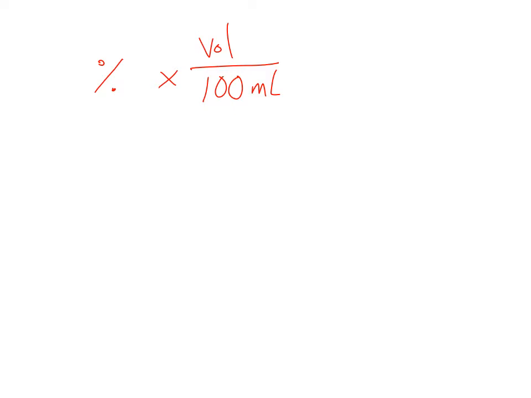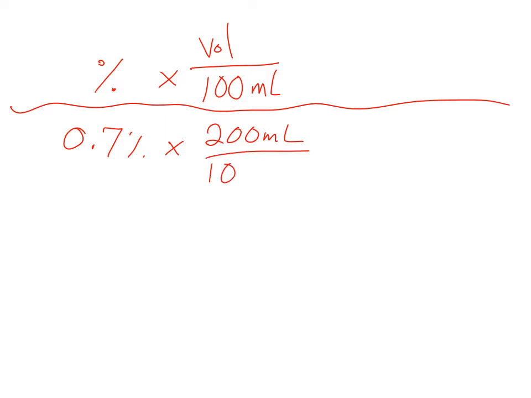So for instance, using the 0.7% example, if you wanted to make the 200 ml, you would multiply 0.7% times 200 ml desired amount, divided by 100 ml. That's the same thing as doing 0.7 times 2, which gives you 1.4 grams of the agarose that you would need in order to make the solution.